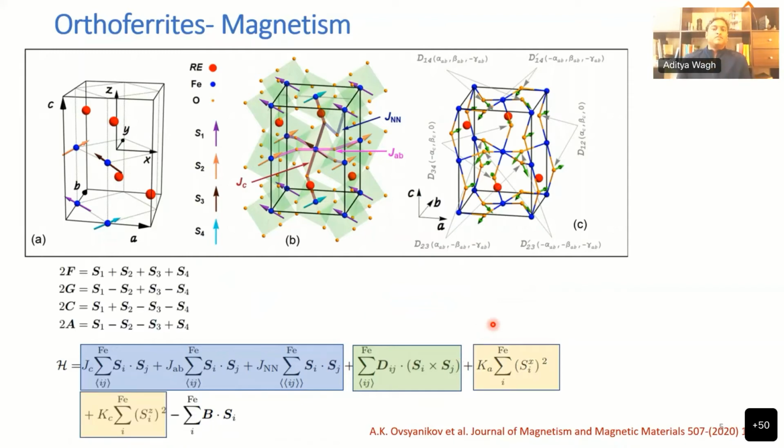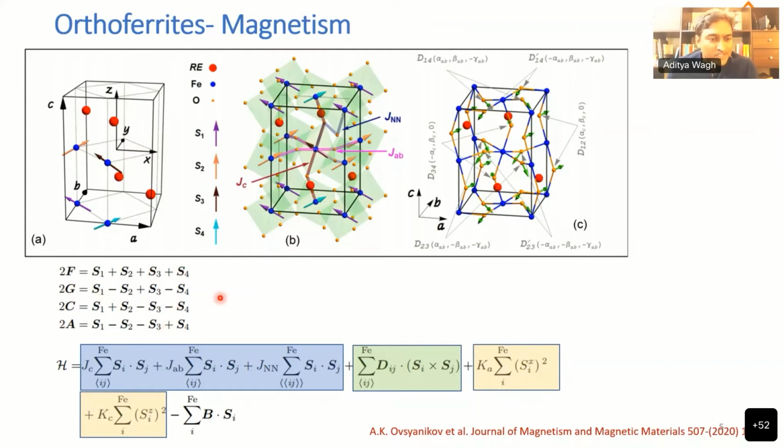Another important thing here is the anisotropy energy terms. In order to understand this, all these spin moments of the Fe sublattices S1, S2, S3, S4 define the basis vectors F, G, C, and A. F is just the addition of all the moments, the net moment, whereas G, C, A, if you see these negative signs, are three different Néel vectors.